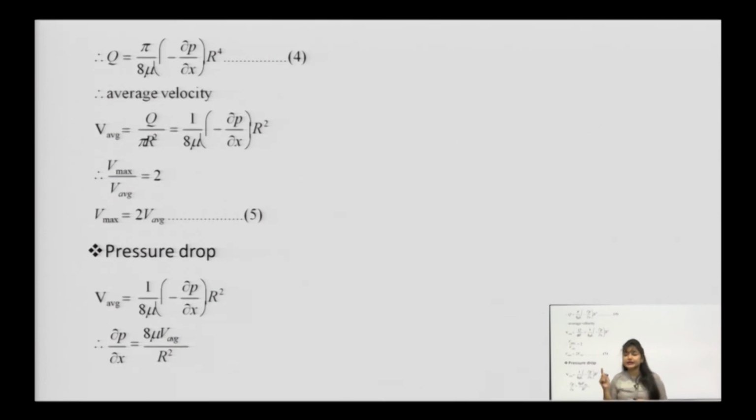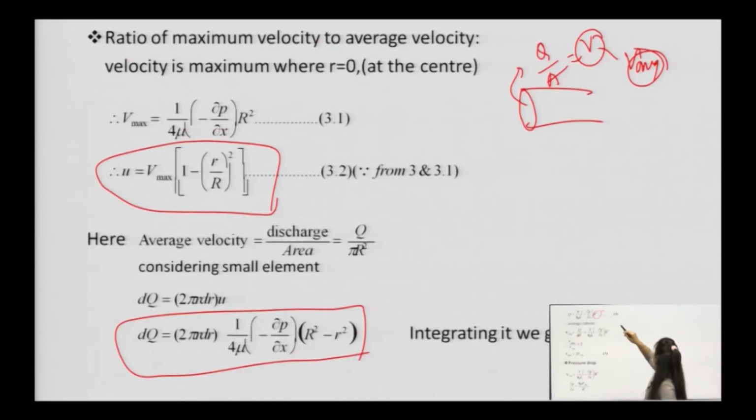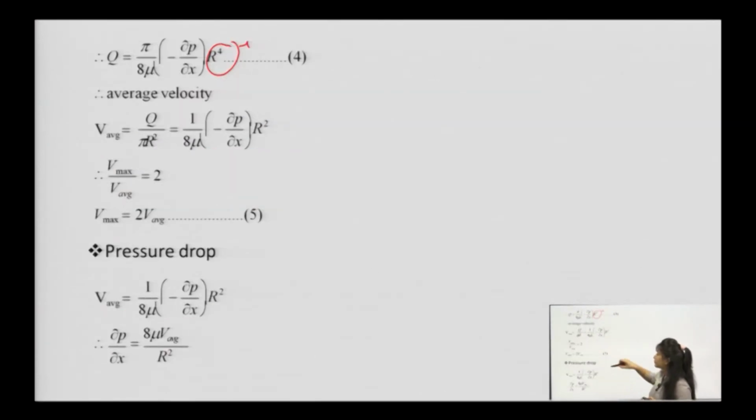After integrating, you get pi by 8 mu in terms of mu and R to the power 4. Therefore, for average velocity, substituting this value of Q, Q by A will give you the average velocity. After substituting A as pi R square, you get V average as this one.